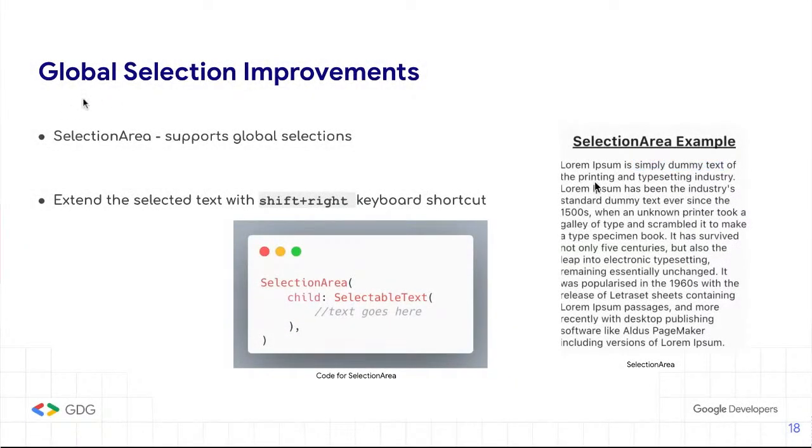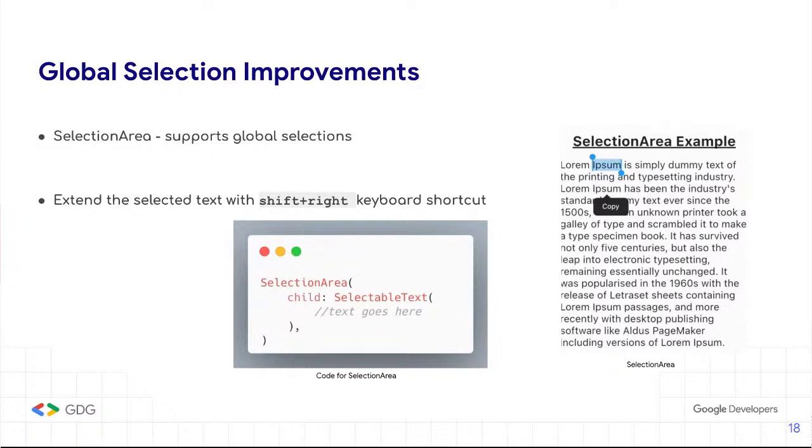The next is the global selection improvements. Now, we all know that selectable text is a kind of widget where the text becomes selectable, meaning you can double click on a word and that word gets selected, and then you can copy that word. So now we can use the selection area widget, which will ensure global selections.